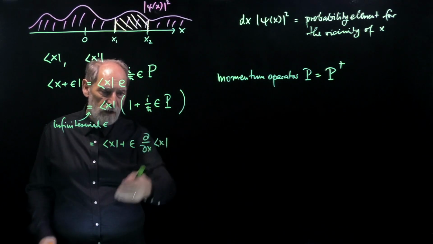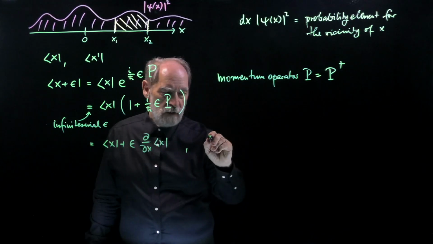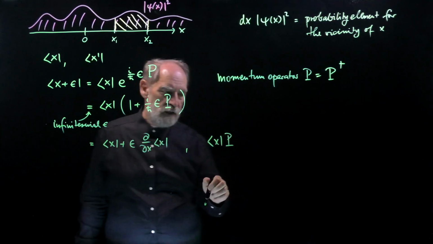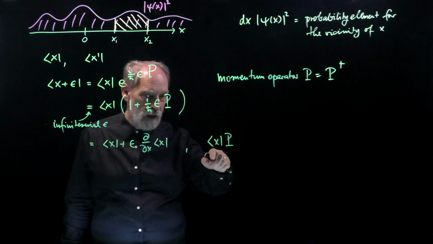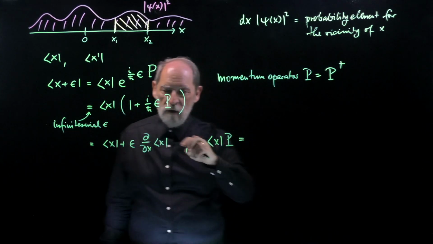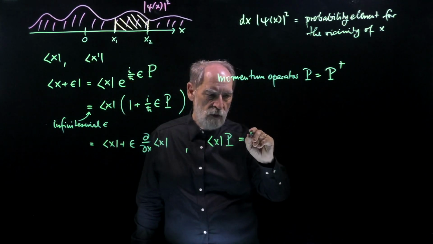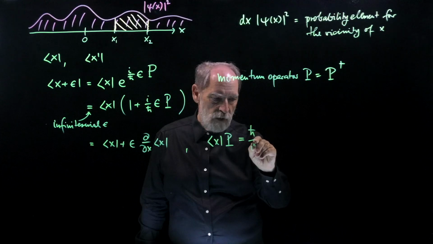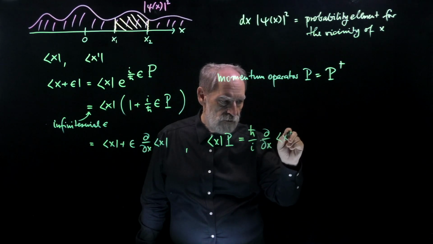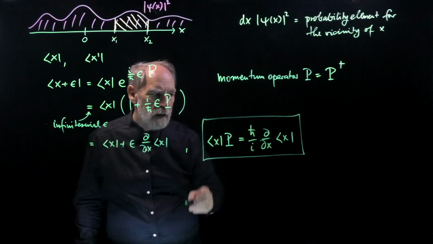So by comparing the two expressions, we find that the action of the momentum operator on the position bra, removing the common factor of epsilon, is equal to h bar divided by i, the x derivative of the position bra at x.